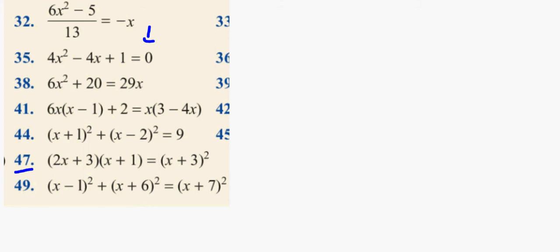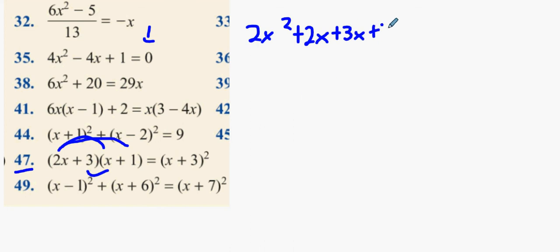First of all, 2x by x, 2x squared. 2x by 1, 2x. 3 by x, 3x. 3 by 1, 3. Next, x plus 3 squared.